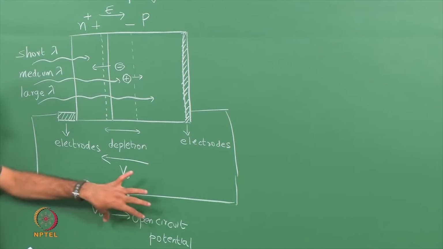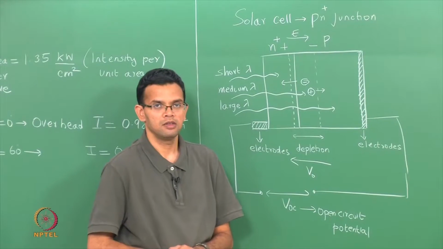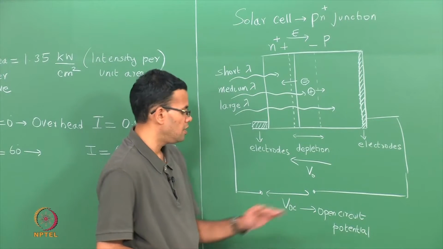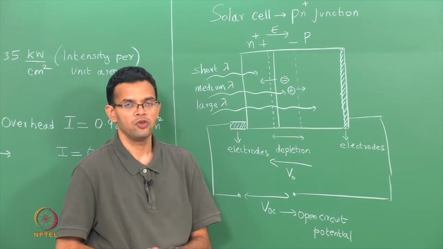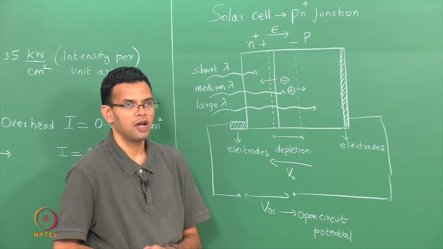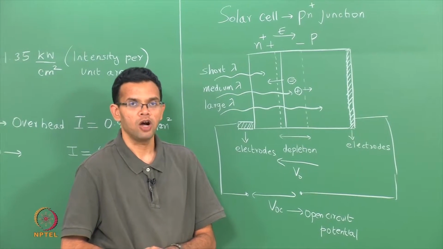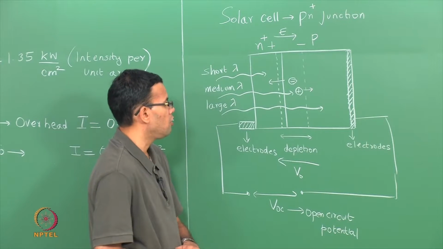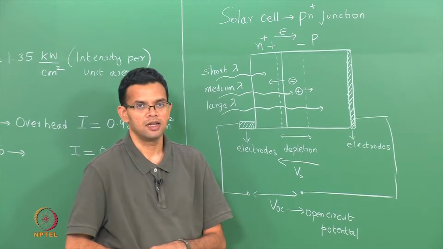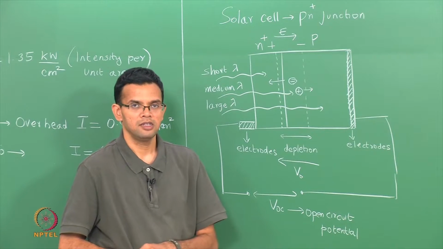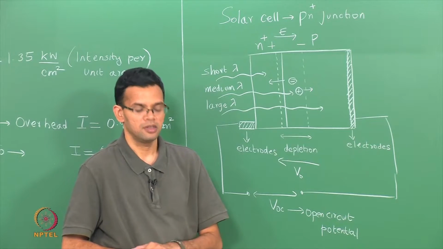So, if you now make the connection between the p and the n, so that instead of an open circuit you have a short circuit, you have a current that flows through the device and through the outer circuit because of the electron and hole pairs that are generated. This current is called your short circuit current.